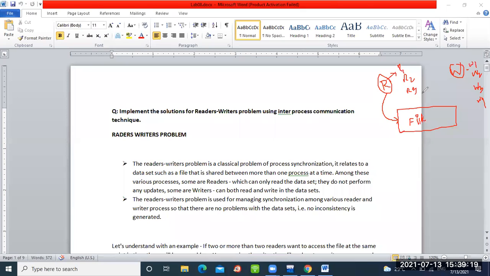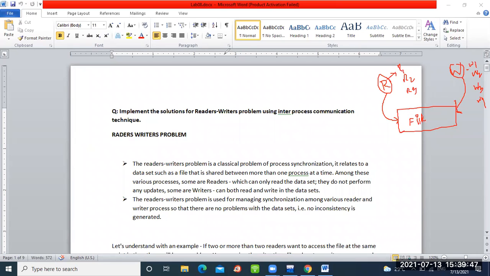But what can the writer do? The writer does the same thing. First it asks the permission for accessing the file. If the permission is granted, it will write the file, or it will update the file.